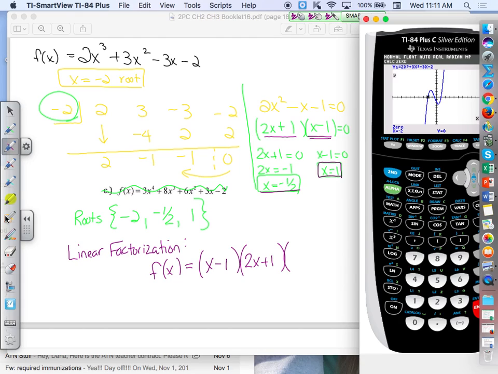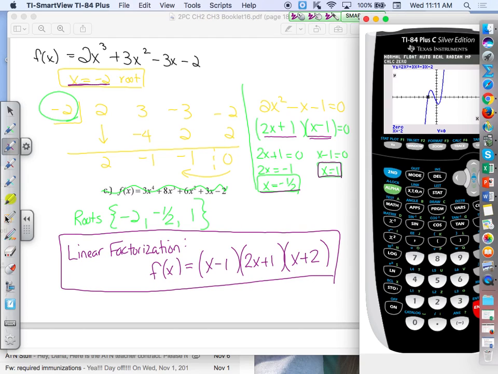And then back here, x equals -2, so x plus 2 is the factor. So if you see that terminology, linear factorization, that's the way they want you to write it. Instead of as the answer, they want it in the factored form there. I probably wouldn't ask you to do that on a test.